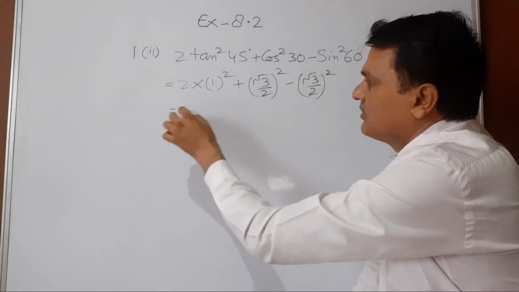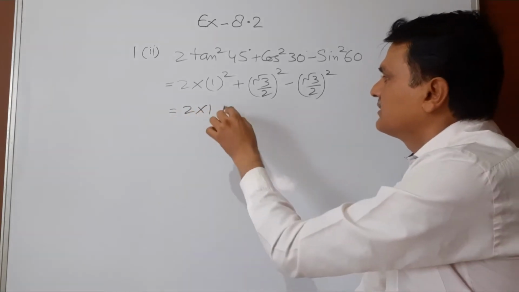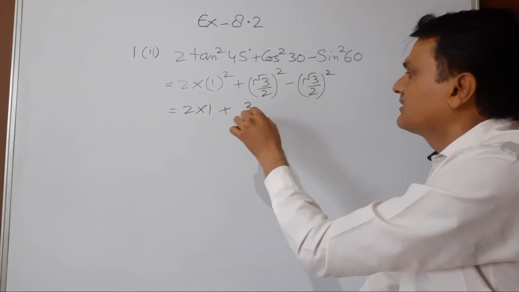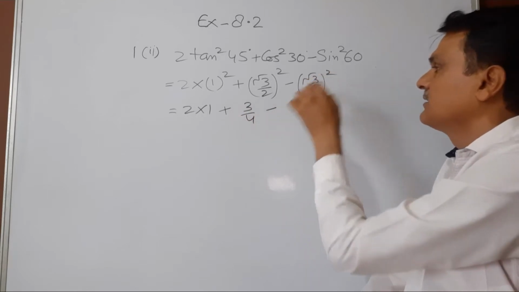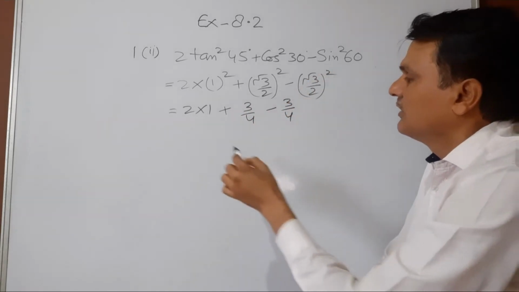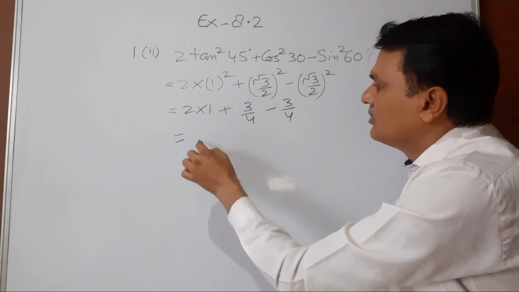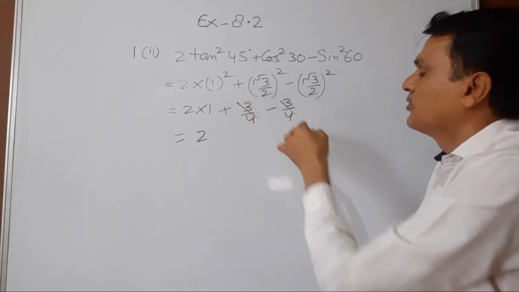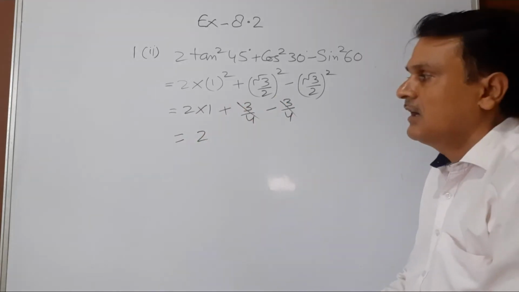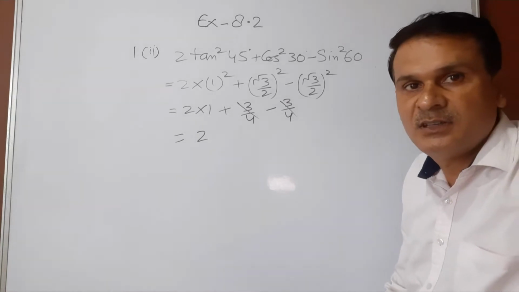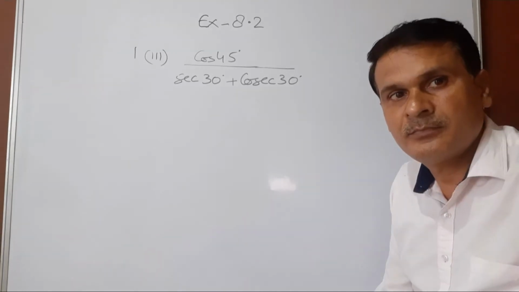Now we get 2 into 1 plus root 3 upon 2 whole square as 3 upon 4, minus this also 3 upon 4. The 3 upon 4 cancel out, this is 2 into 1, and this is the answer of this part second.